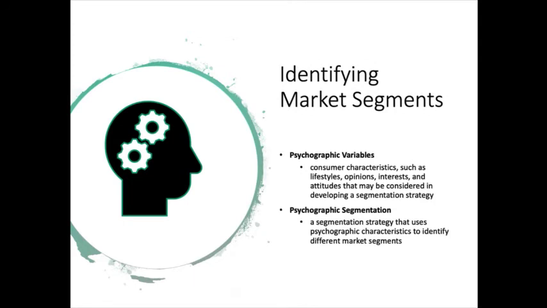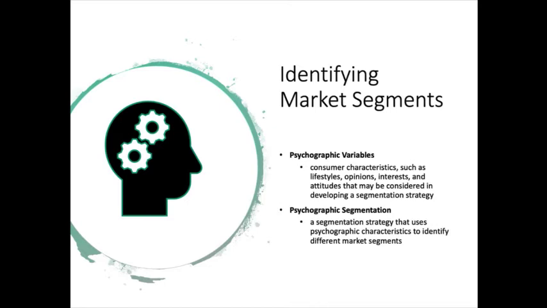Furthermore, you could identify market segments based on psychographic variables. You can see there that's defined as consumer characteristics such as lifestyles, opinions, interests, and attitudes that might be considered in developing a segmentation strategy. And therefore, of course, psychographic segmentation is a strategy that uses these different characteristics to bin and categorize and focus on particular segments.